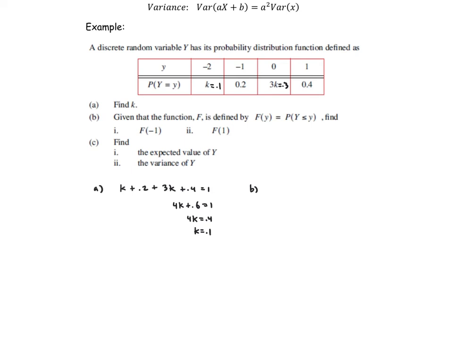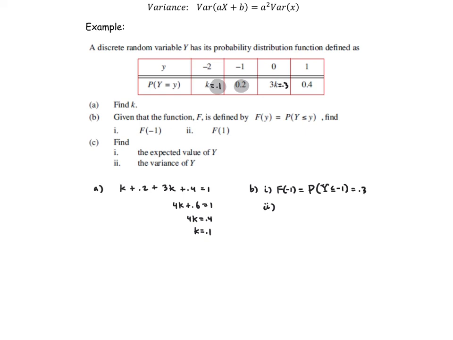For example, part I, f of -1 is really just saying what's the probability that y is less than or equal to -1. Well, in our case, that would be these two probabilities. I sum those two together, and it looks like f at -1 would be 0.3.